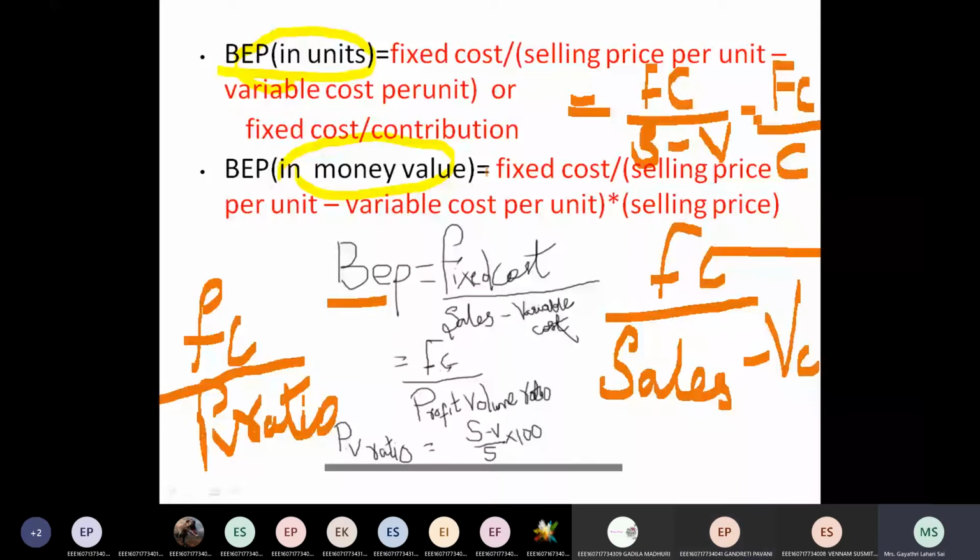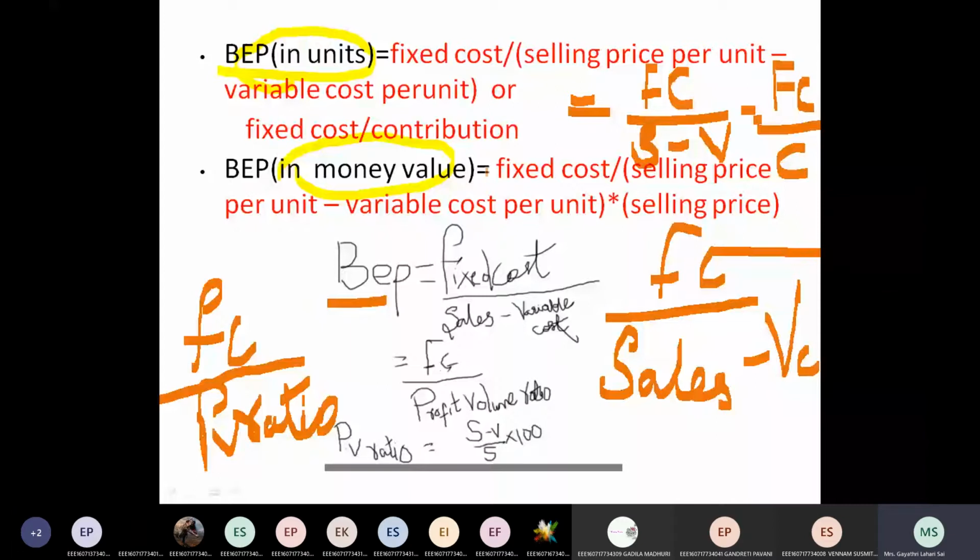Completed, ma'am. Everyone? Can I go to the next slide? In the problem also, I had written the formula clearly and even substituted it, so you can go through it.